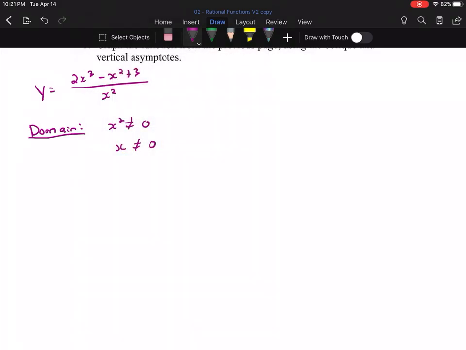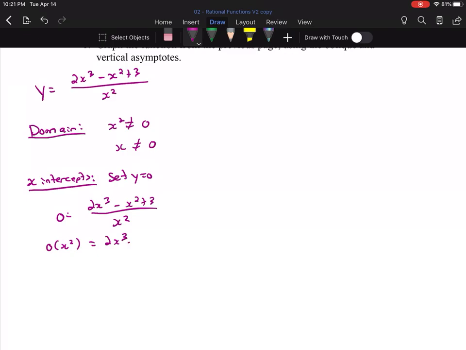The next thing we learned was x-intercepts. And for x-intercepts, we set y equal to 0. And again, you can skip this step because that denominator is always going to come over and multiply by the 0, and you're just going to get the 0.